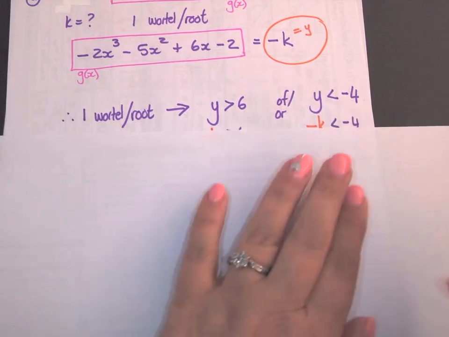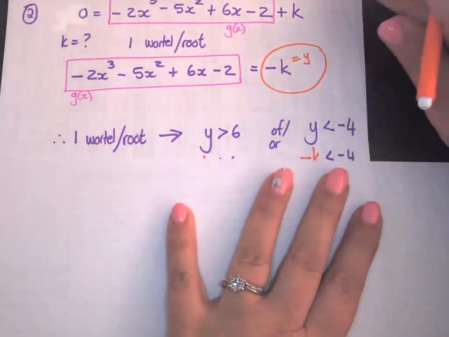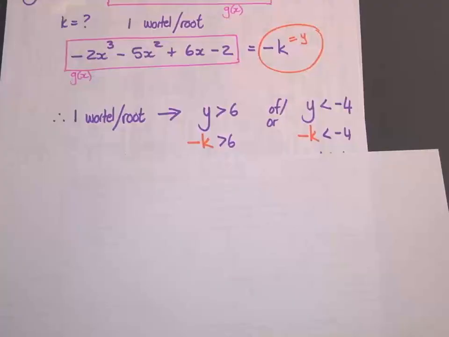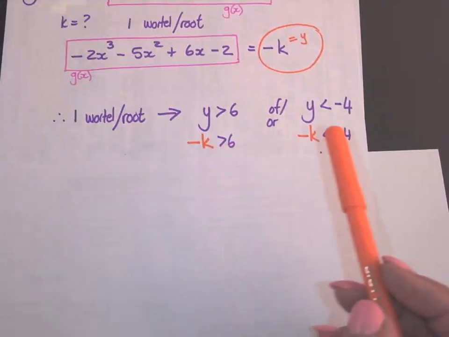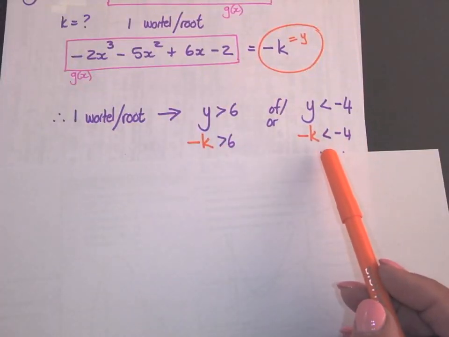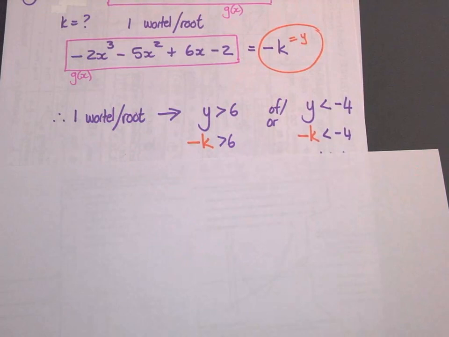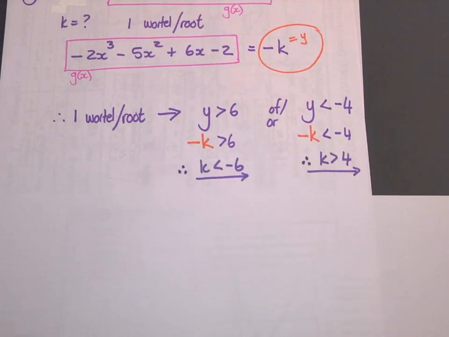But y is negative k. So negative k must be above 6 or below negative 4. Divide by minus 1, what happens to the inequality sign? It changes direction. So there's your answer. Only that. Okay. Are you all with me?